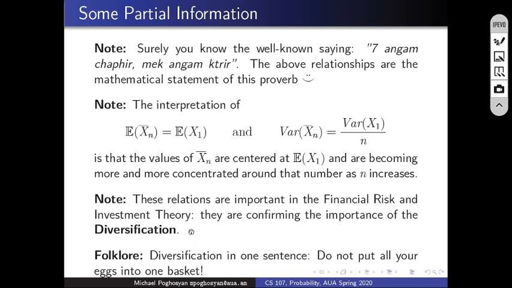Diversification says do not put all your eggs into one basket. Do not buy only one stock or one financial instrument. Diversify your investment into different stocks and different types of instruments to reduce the risk.